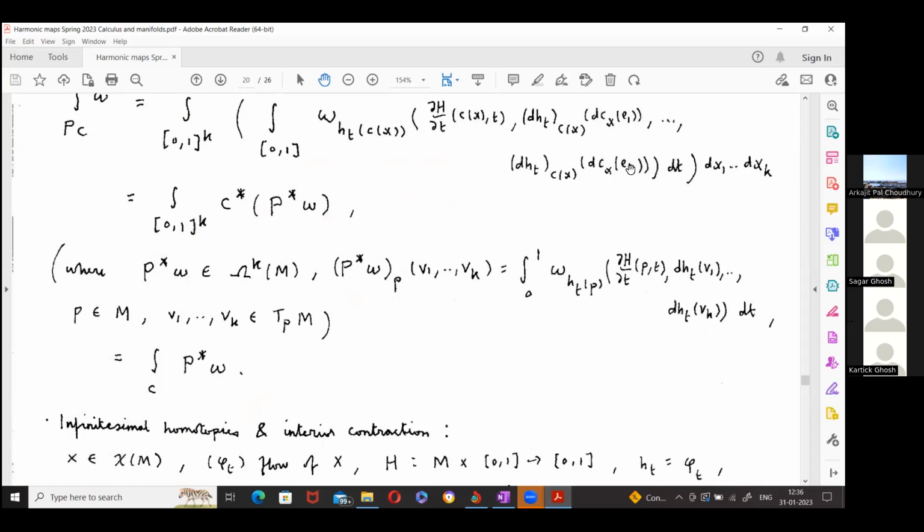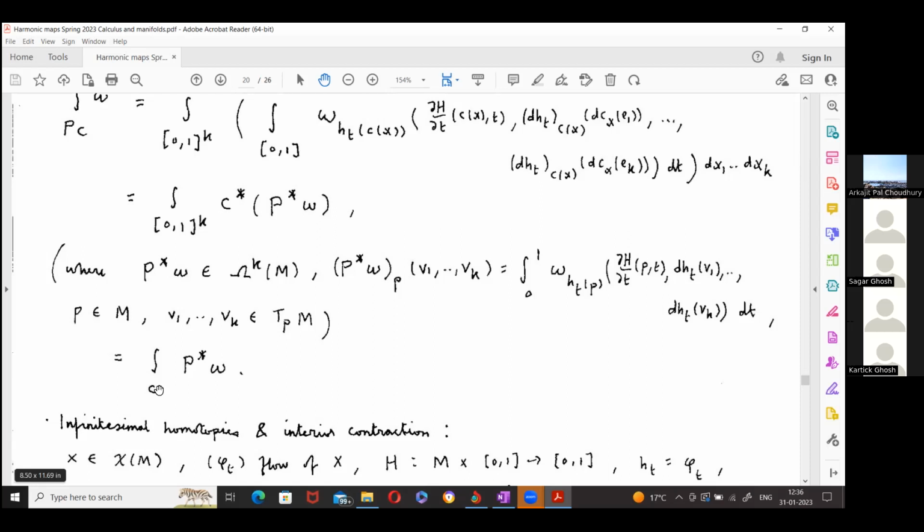So that is nothing but the pullback of P star omega by C. So this is the integral over [0,1]^k of C star of P star omega. By definition, that is the integral of P star omega over C.